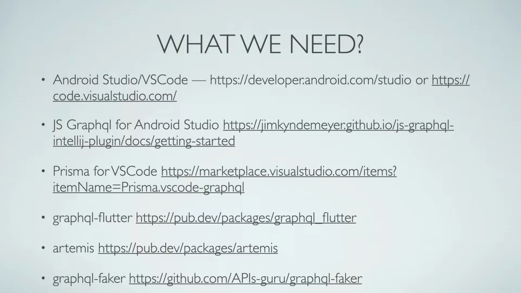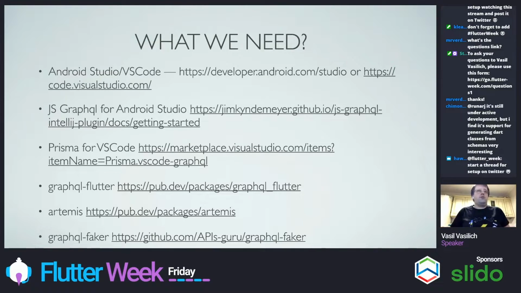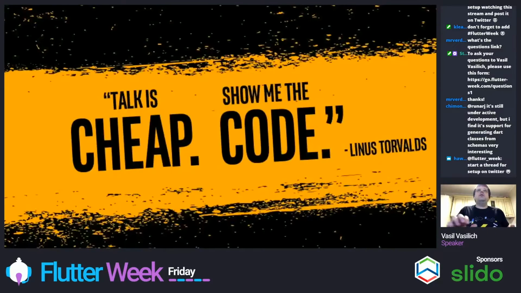For Android Studio, there is a JS GraphQL plugin which supports schema fetching and autocompletion, and Prisma for Visual Studio Code. And the last three items are libraries: GraphQL Flutter for making requests, Artemis for code generation, and GraphQL Faker is the last bit, which helps us in today's demo to mock the API.